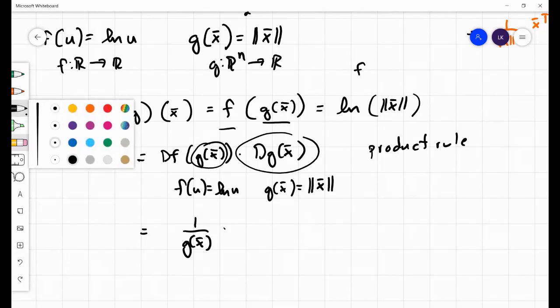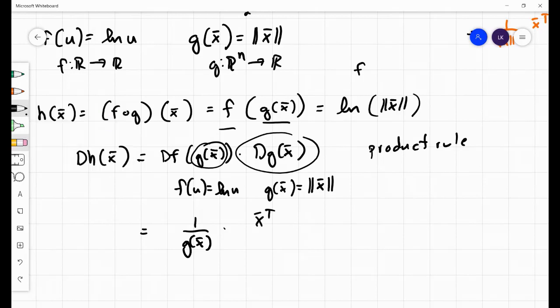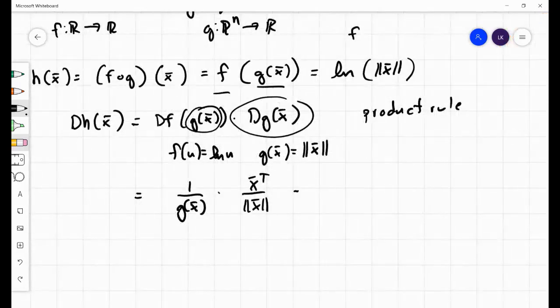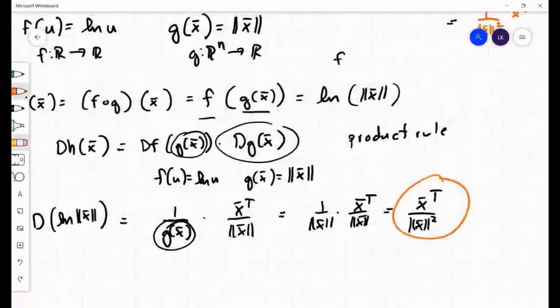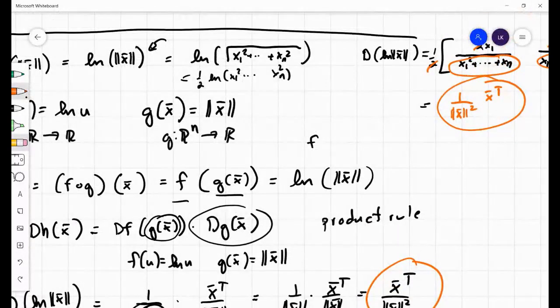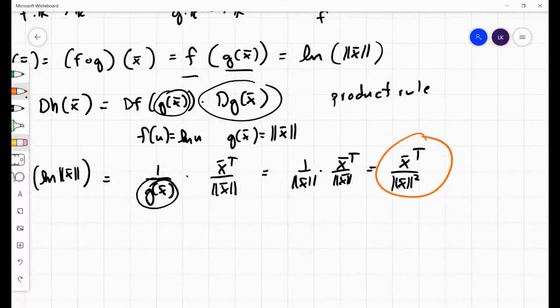We said that that's equal to x transpose divided by the magnitude of x. All right, so then we have that g of x is the magnitude of x. And indeed, we get the same result for the derivative of natural log of the magnitude of x. This is the same result as this, right? Okay.